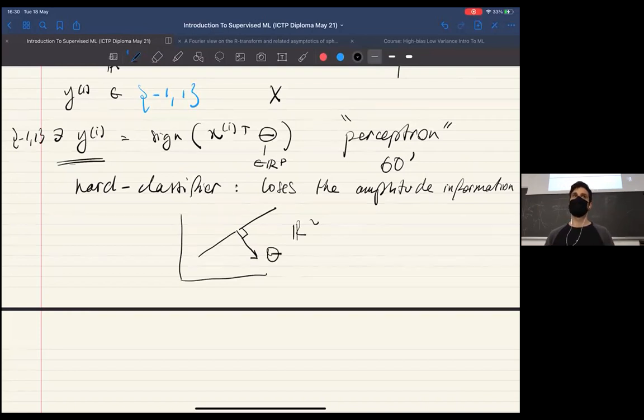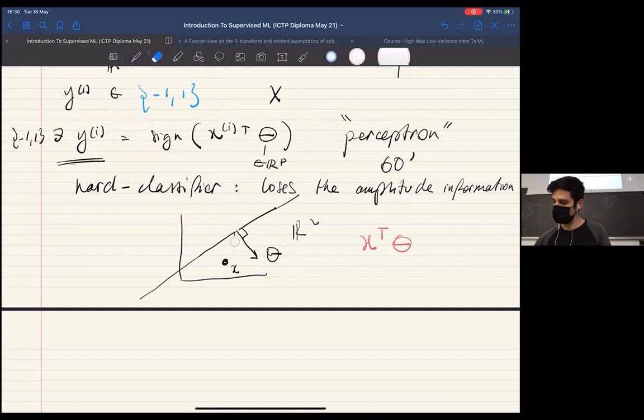Indeed, now if you do the inner product of a vector x with theta, if x is on this side of this hyperplane, which is just a line here, then the inner product between x and theta, which means the orthogonal projection on theta, gives a positive number in this case.